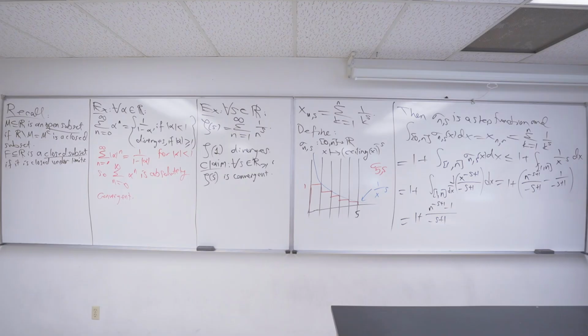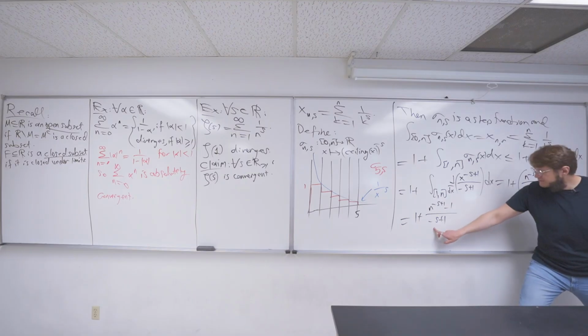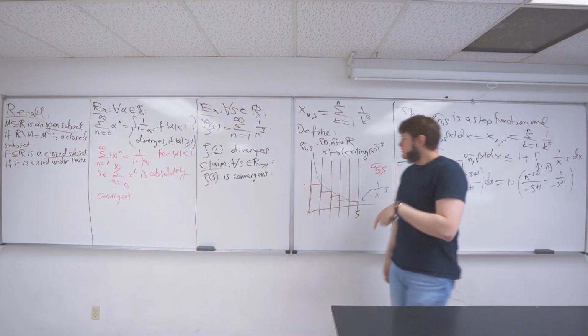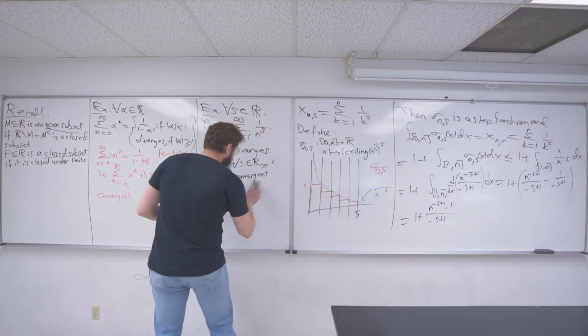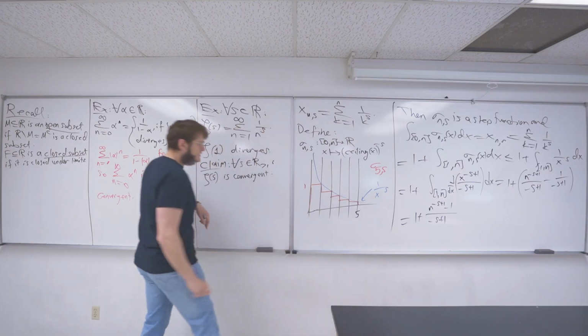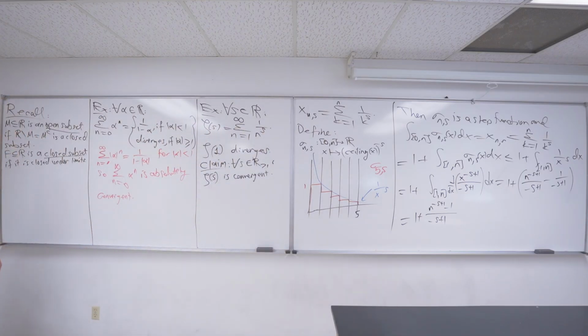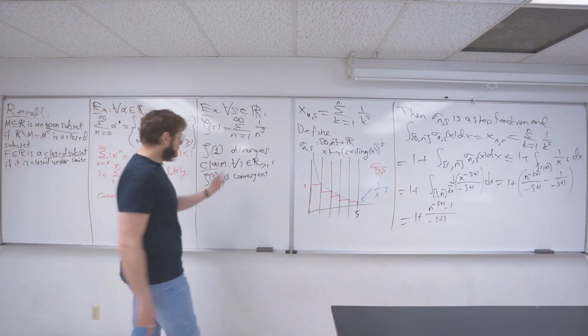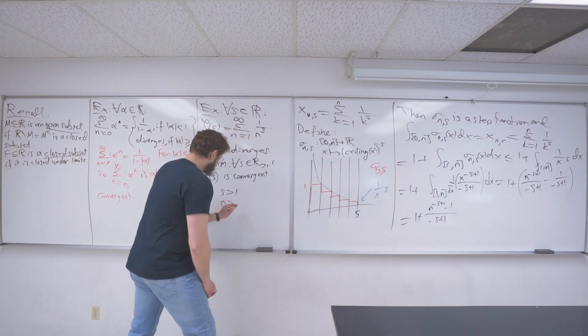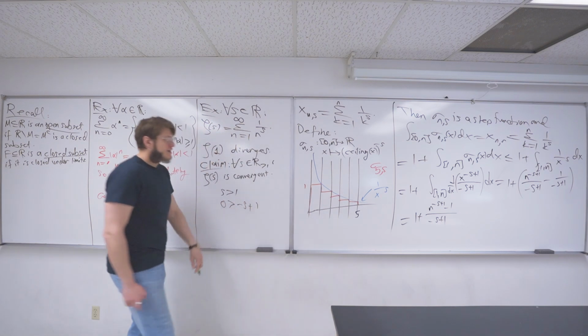Okay. So you see, this is an upper bound on the partial sum, all the way up to n. But since I'm assuming that s is greater than 1, that means that minus s plus 1 is less than 0.